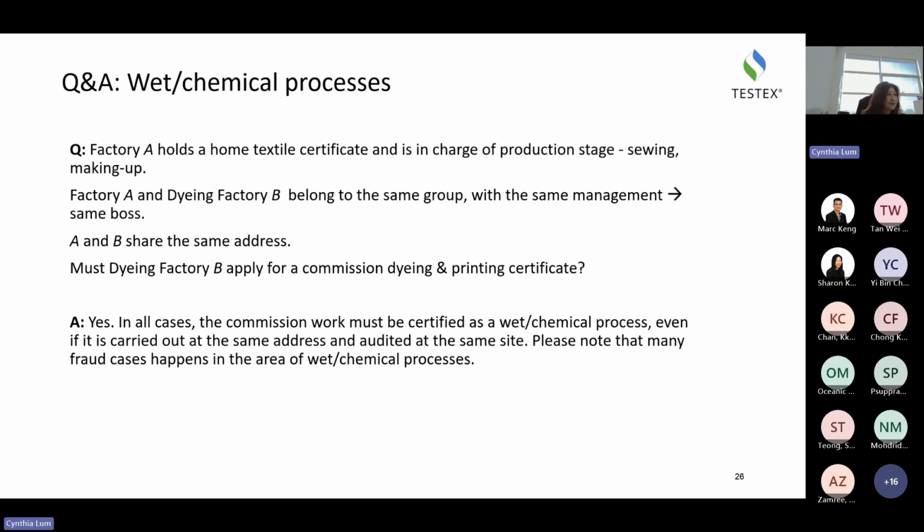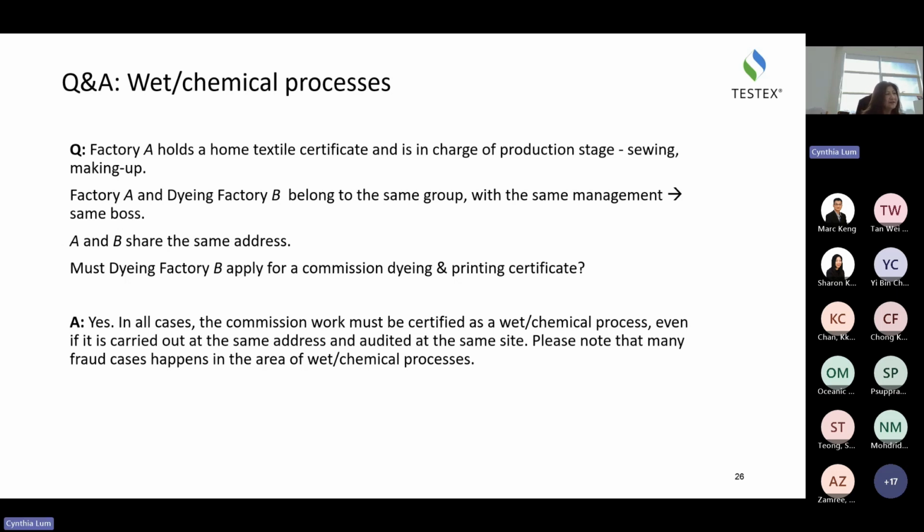There is also this other question: Factory A holds a home textile certificate and is in charge of the production stage, only sewing and making up. Factory A and the dyeing factory belong to the same group, the same management, same boss. A and B share the same address, but they are doing different processes. One is sewing, making up, and the other one is dyeing.